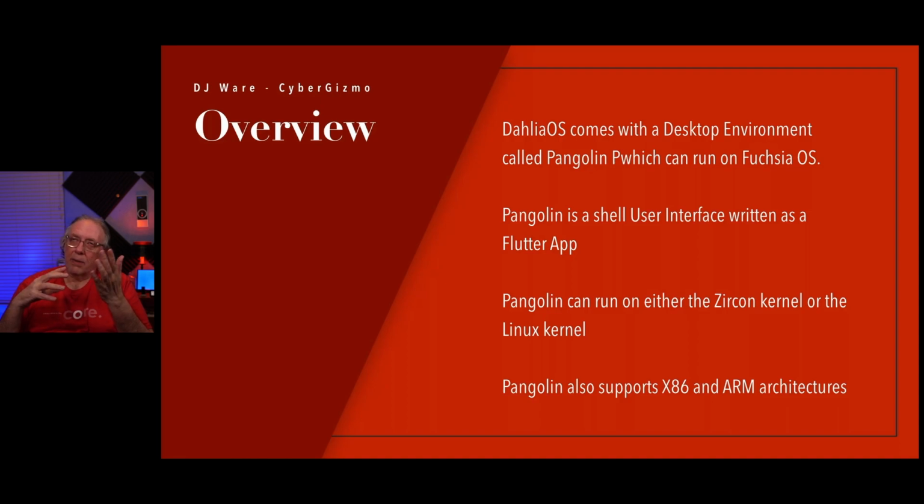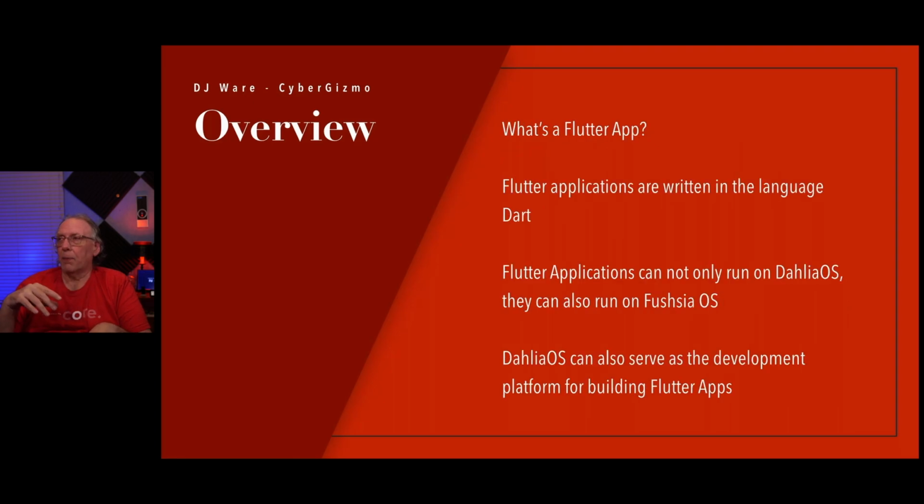It can run either on the Zircon kernel or on the Linux kernel, and it supports x86 64-bit, so that means it will run Intel and AMD CPUs, but it also will run ARM. Now, the ARM processors that they support right now are the Raspberry Pi 3 and 4.